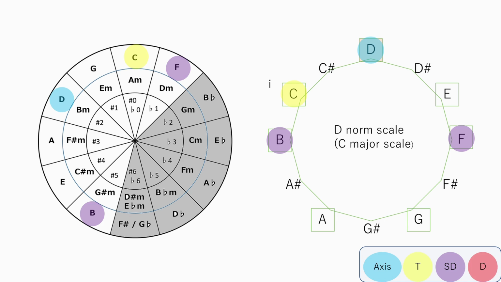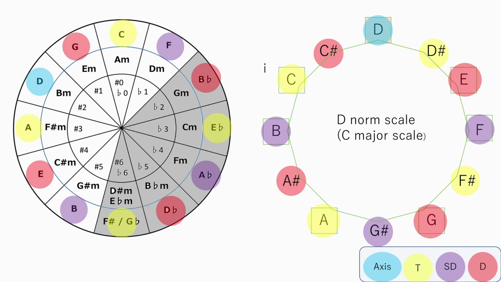In addition to my own ideas, I also incorporate the axis system, which extends the functional theory of tonic, subdominant, and dominant. In this view, notes related by a minor third are divided into three groups by the same function.